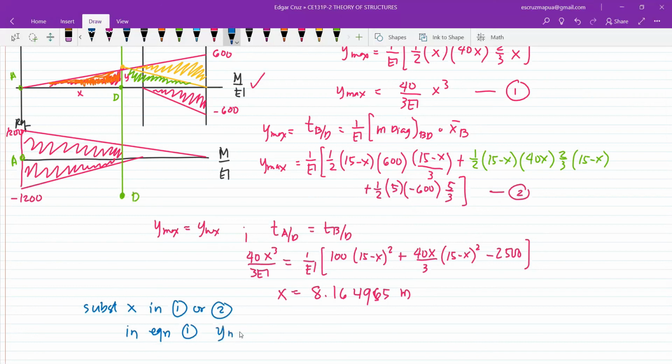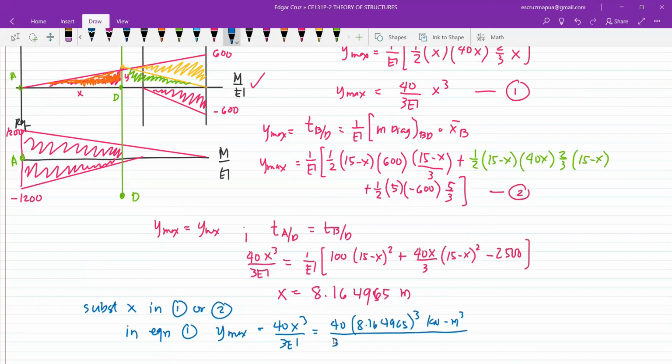Our y max would be simply 40x cubed over 3EI, with x as 8.164965 cubed. The unit is kilonewton meter cubed, divided by 3.